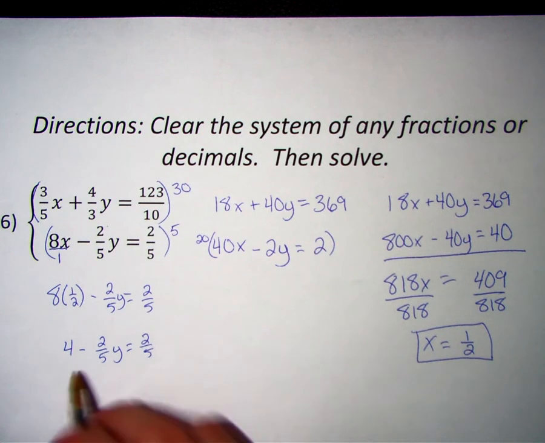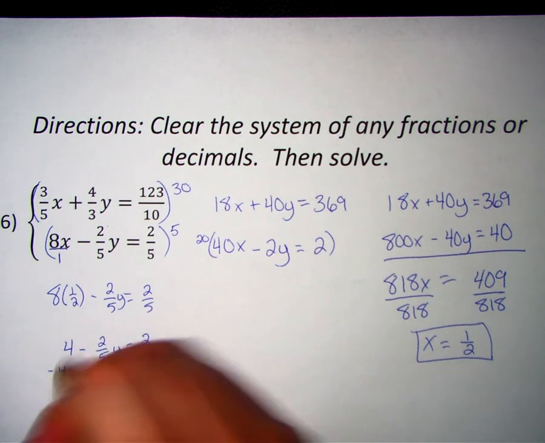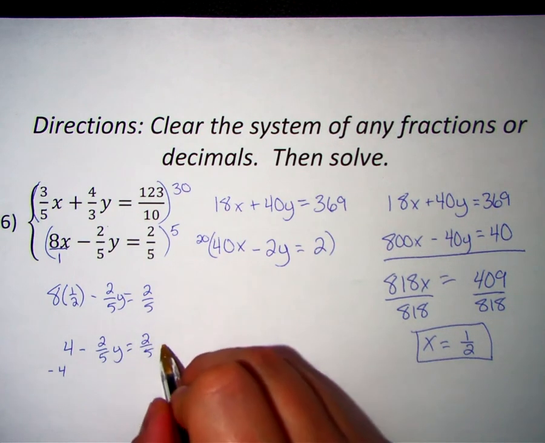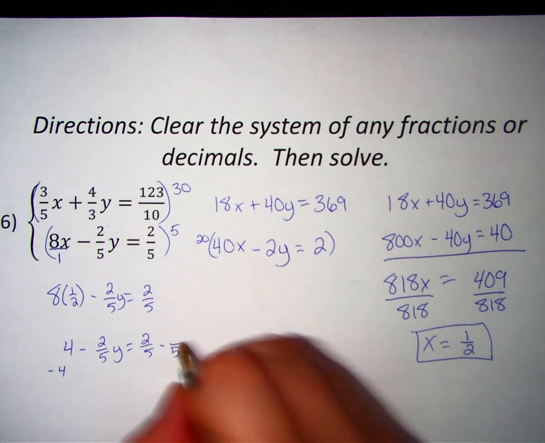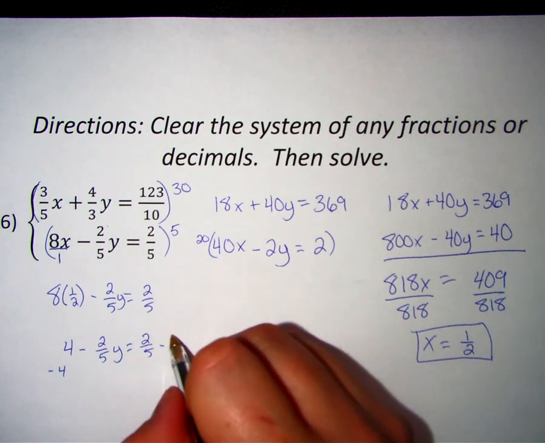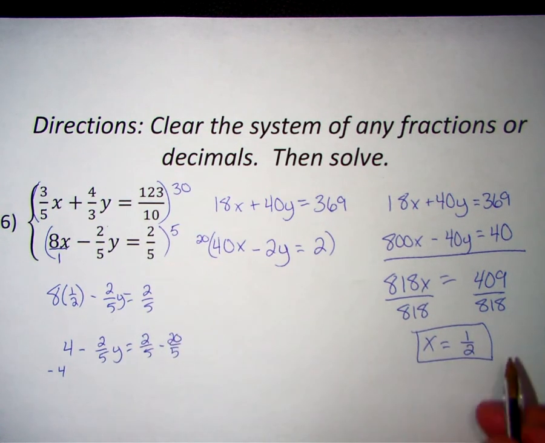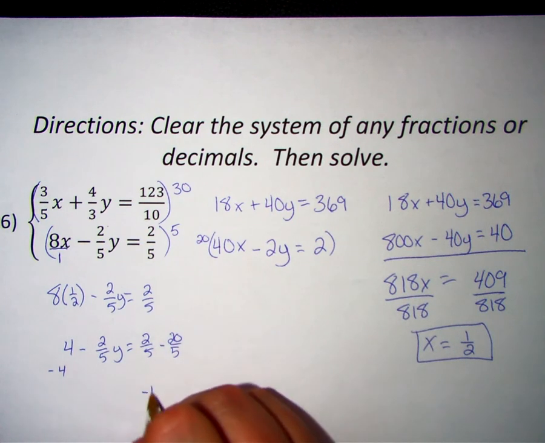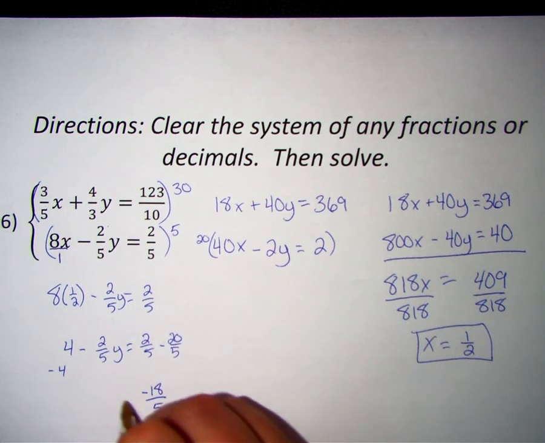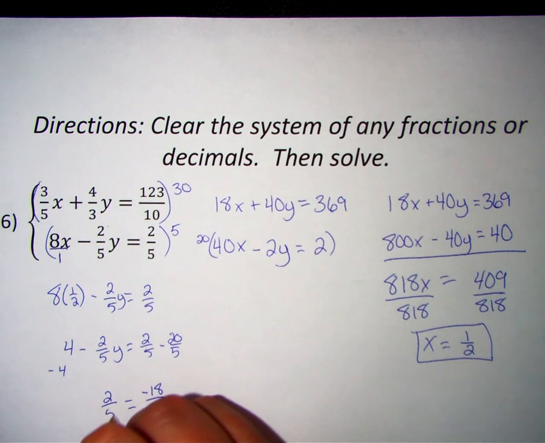And we need to subtract 4 from both sides. Over here, I'm going to subtract 4, but I'm going to do it in a way that has a common denominator. So 20 over 5. So 2/5 minus 20/5 gives me a negative 18/5, which equals 2/5 y.